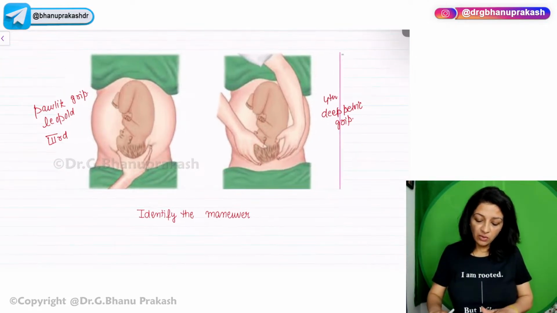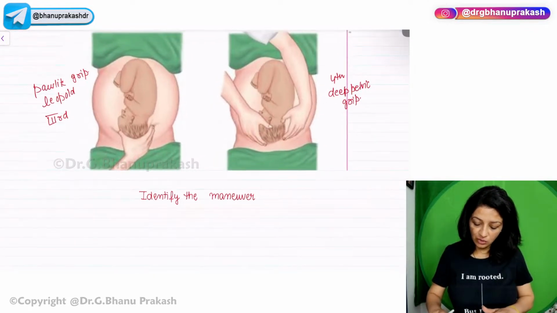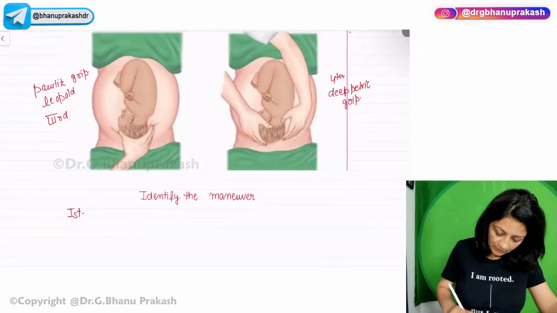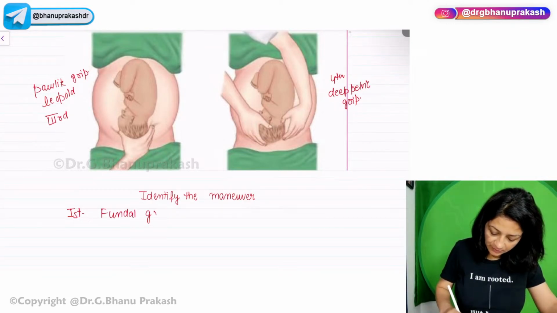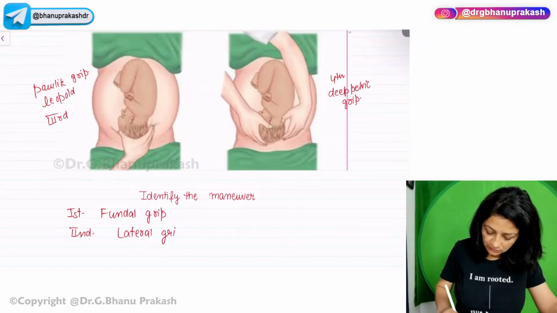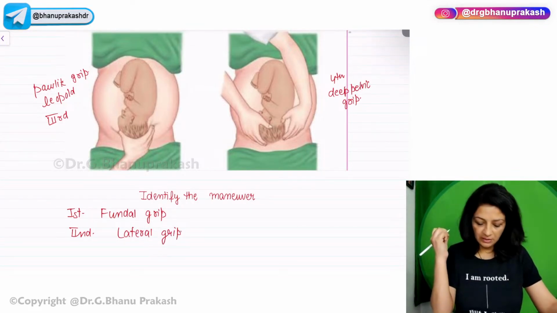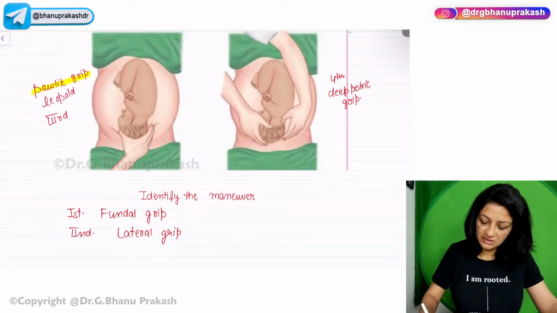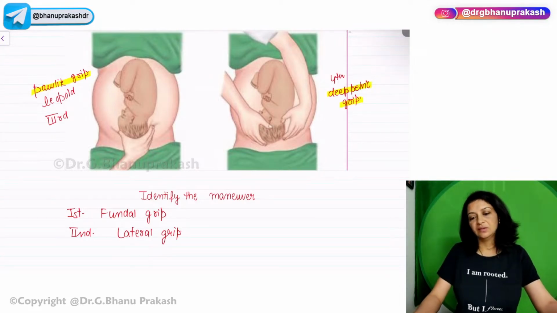So there are 4 types of Leopold maneuver. First one is fundal grip. Second one is lateral grip. Third one is Pawlik grip. And the fourth one is deep pelvic grip.